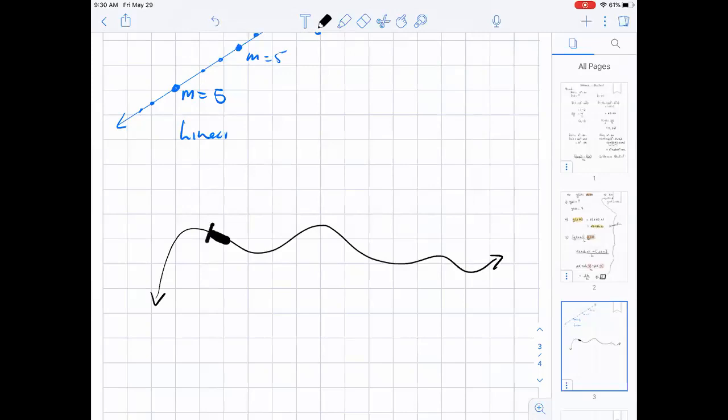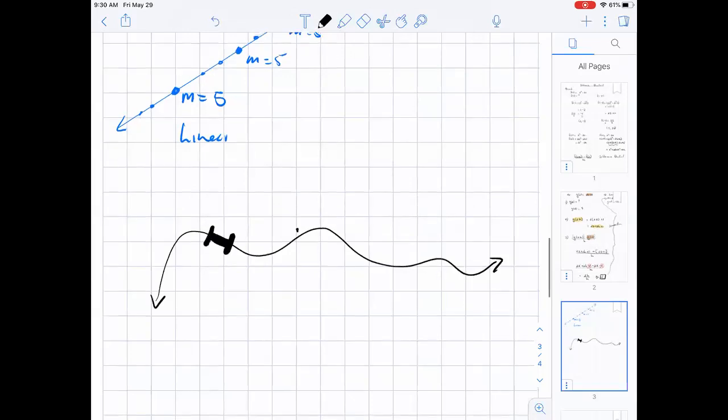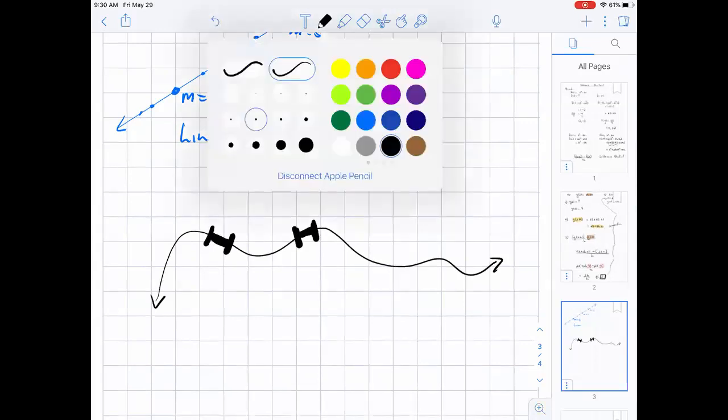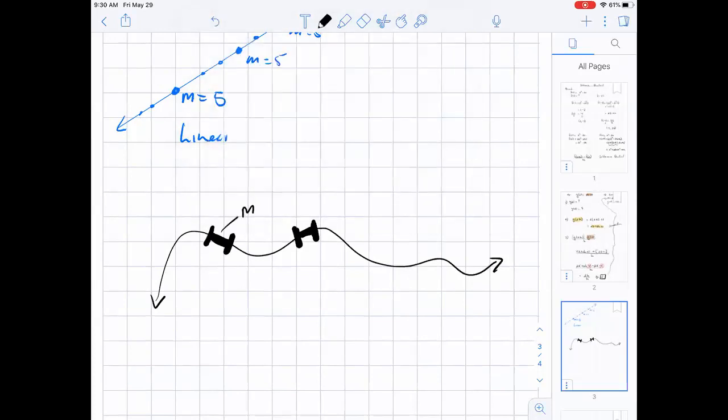Just the slope of this little line here. It's negative, it's going downward, right? But look at the slope here. What is the slope of that little piece of the line? Positive. So m here is negative, and here m is positive.